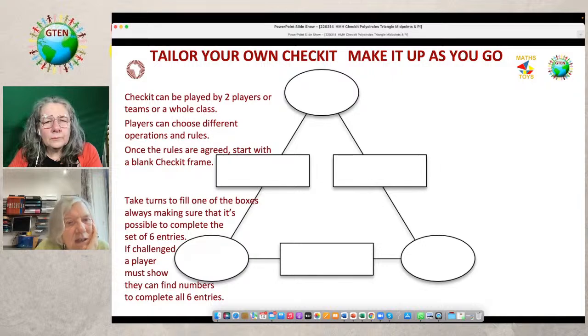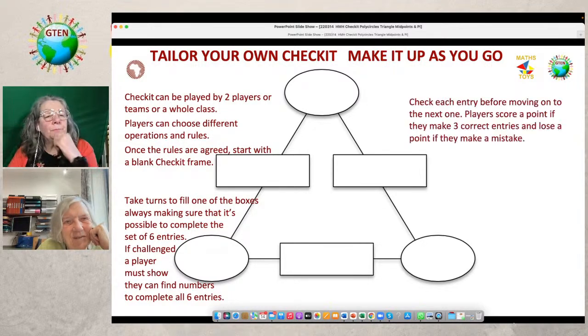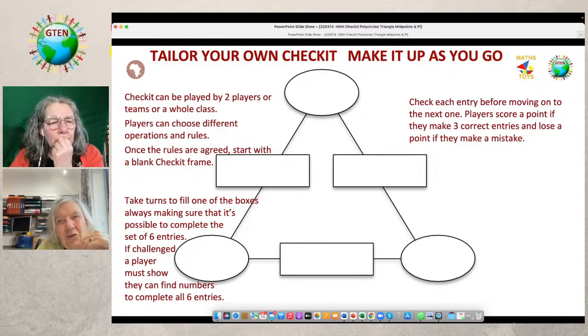So you take turns to fill one of the boxes, always making sure that it's possible to complete a set of 6 entries. And if challenged, a player must show they can find all numbers to complete all 6 entries. And you check each entry before moving on to the next one. And players score a point if they make 3 correct entries and lose a point if they make a mistake.